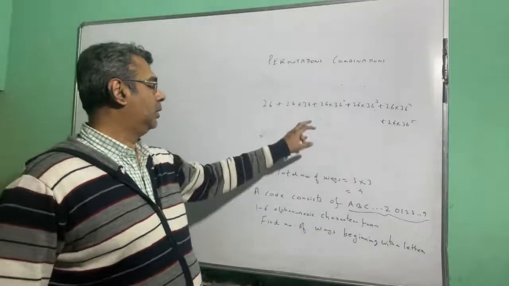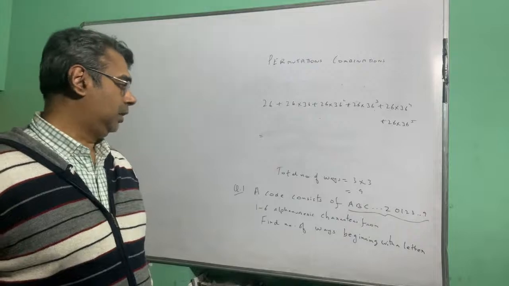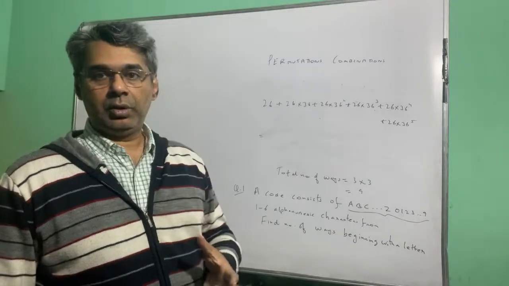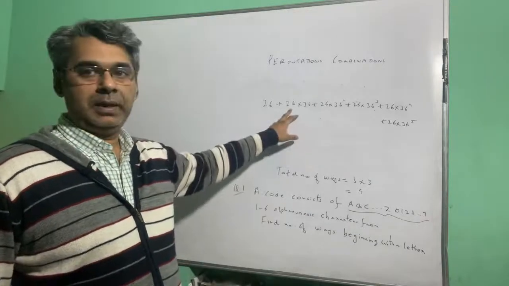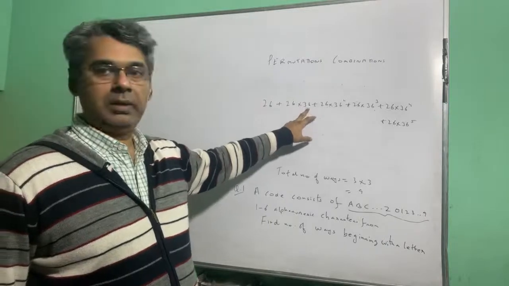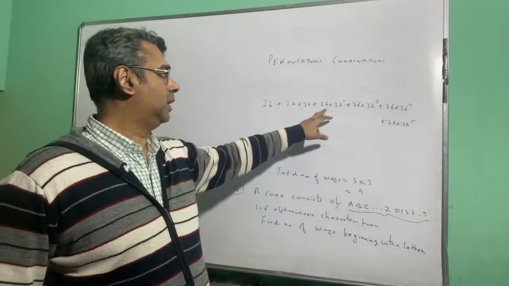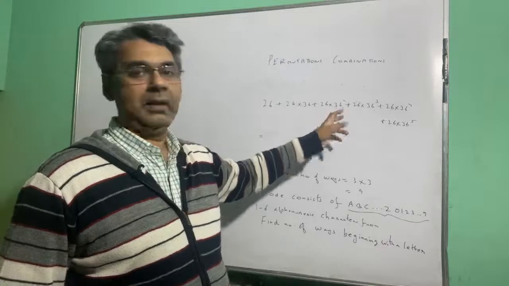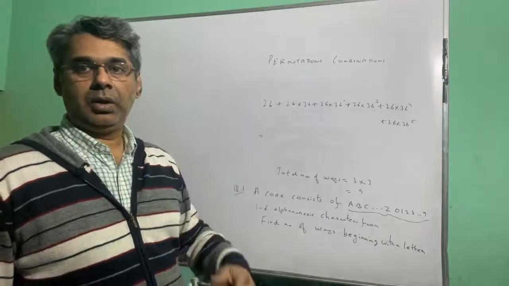And why am I doing multiplication? Because if I want two characters, the first will be a letter, the second will be a number. If I want three characters, a letter, and then either letter or number, or letter or number.